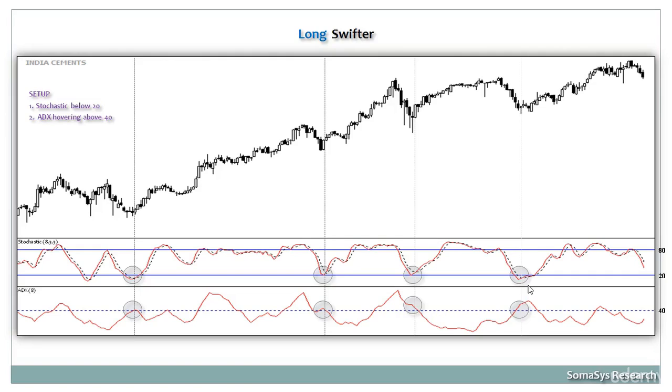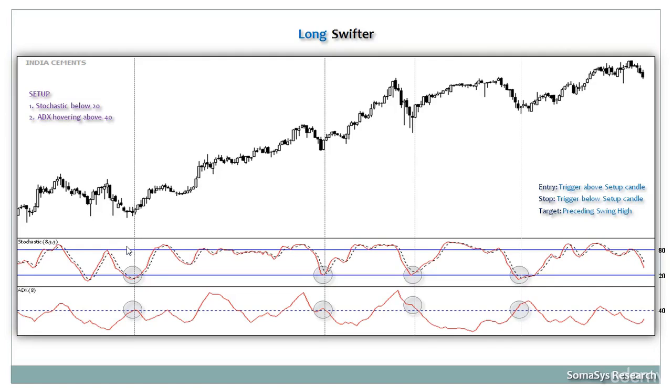Let us now look into entry, stop and target for a Swifter and then understand the filtering technique. Entry is going to be above the setup candle. Stop is going to be below that very candle and target will be the preceding swing high. Let's study this first setup on the chart.